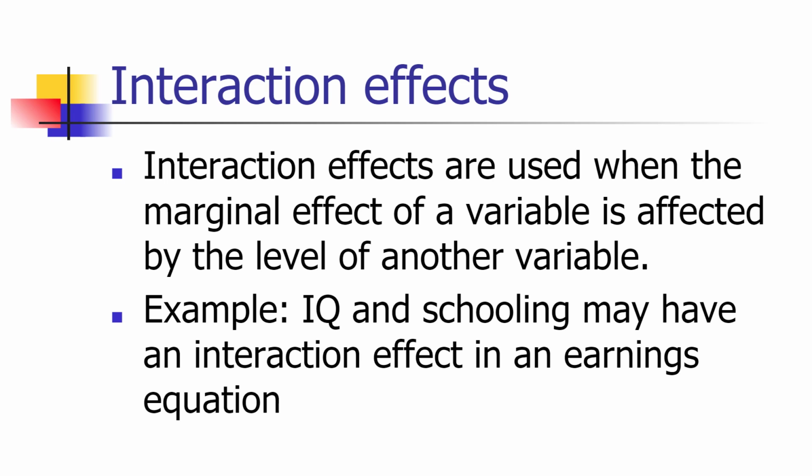And if that's the case, the relationship between earnings and IQ and schooling is not simply a linear one. Instead, the impact of ability and schooling will have an effect that together may be greater than their separate effects.